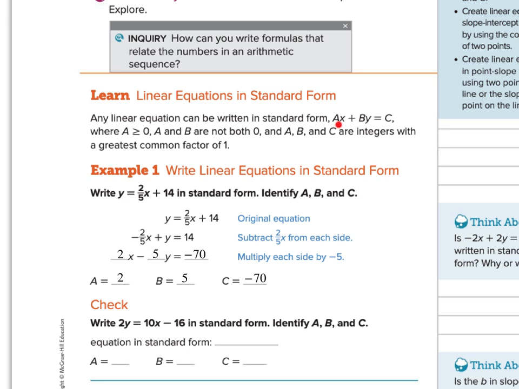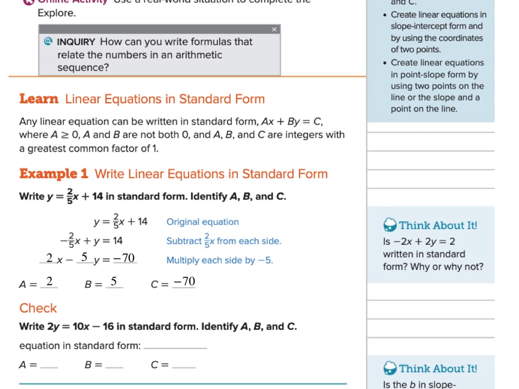Standard form is ax plus by equals c, where a has to be a positive number, and a, b, and c are integers with the greatest common factor of 1. So when they say integers, what you can't have is 0.5x plus 3y equals 10.